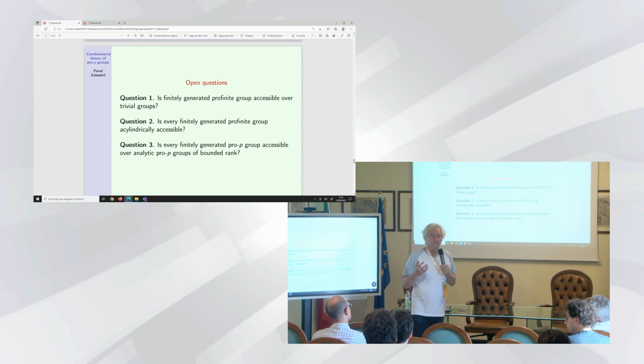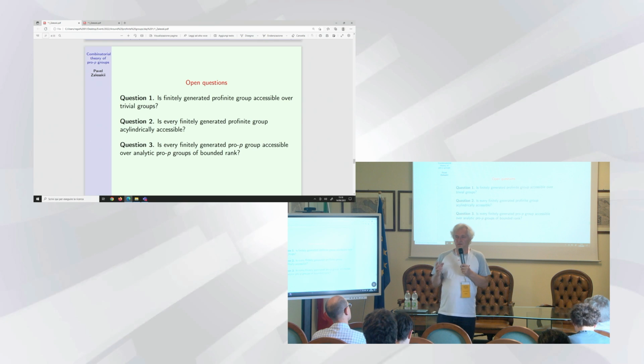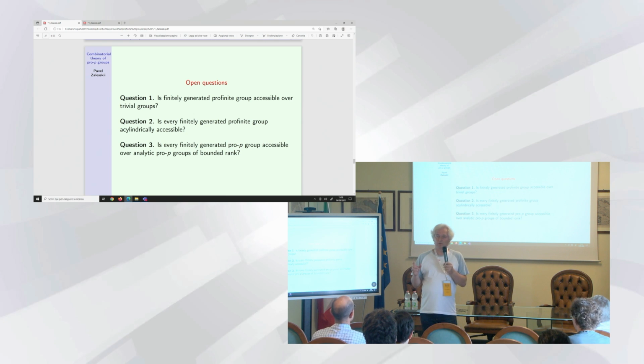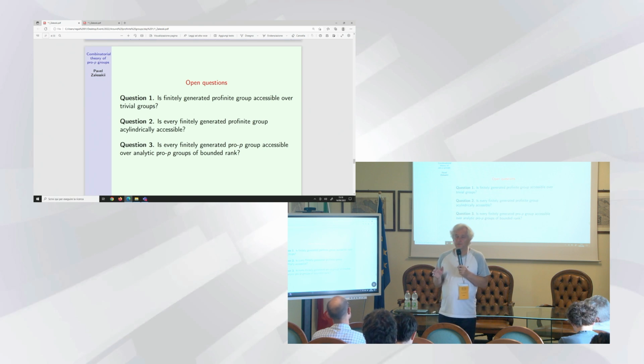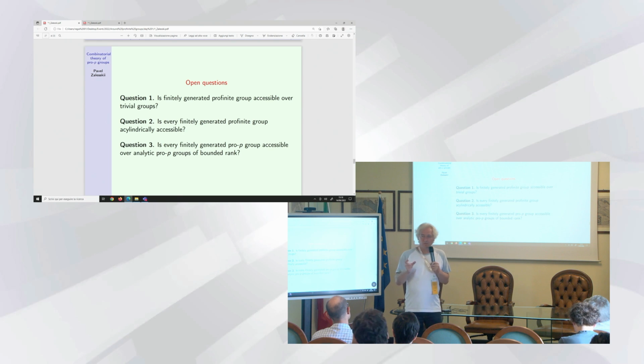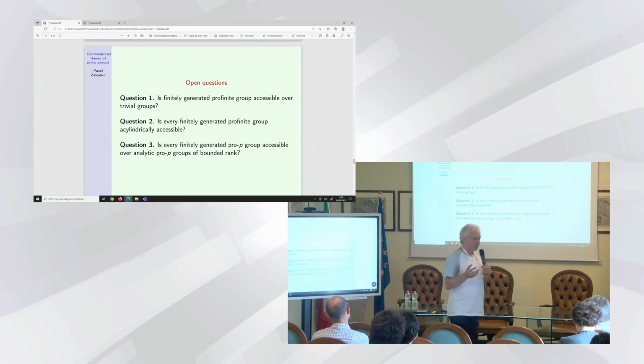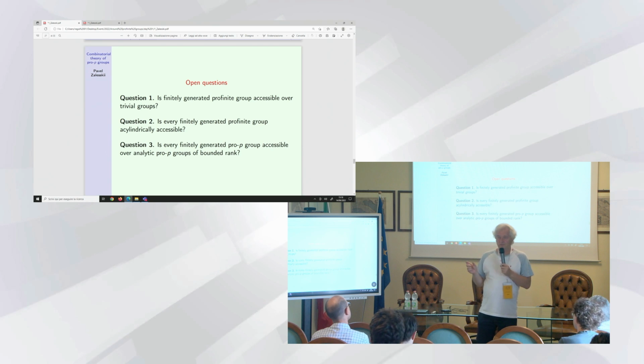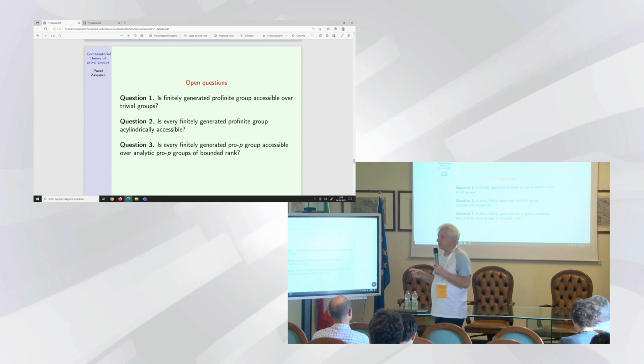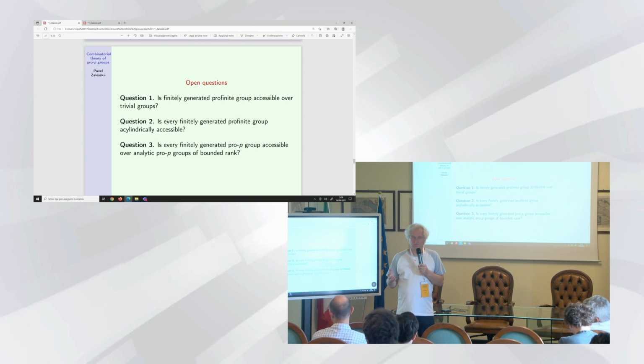Well, not quite. The problem is the following: for a free profinite product, it is known that the number of factors cannot exceed the number of generators. It is in principle known for free products. The problem is that in the profinite case, a group that acts on a profinite tree with trivial edge stabilizers is not necessarily a free product.